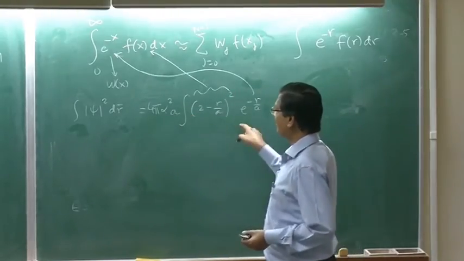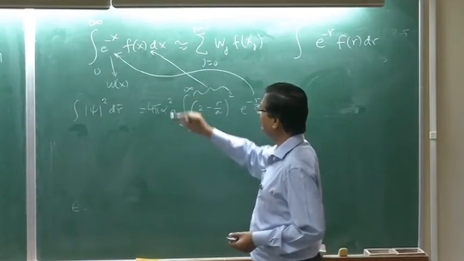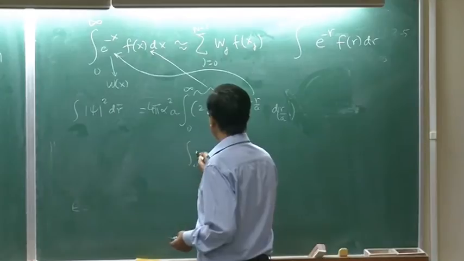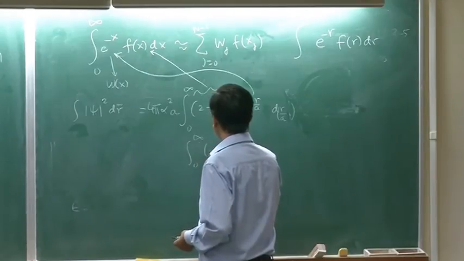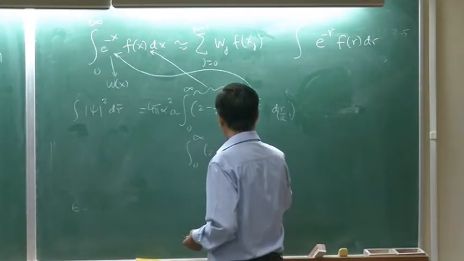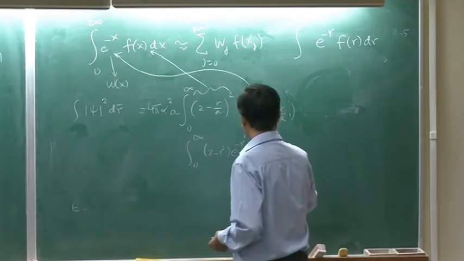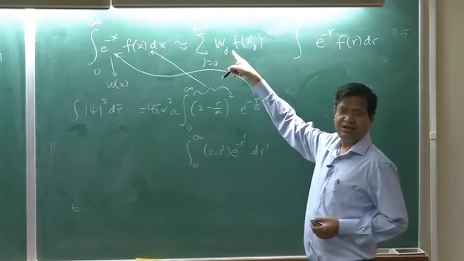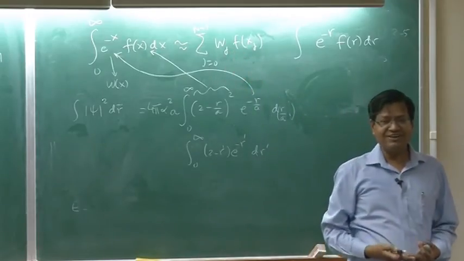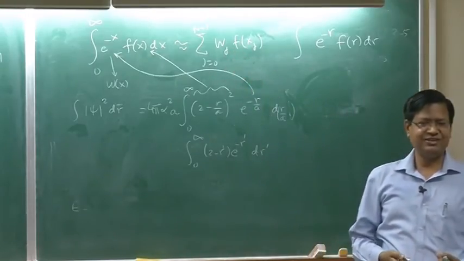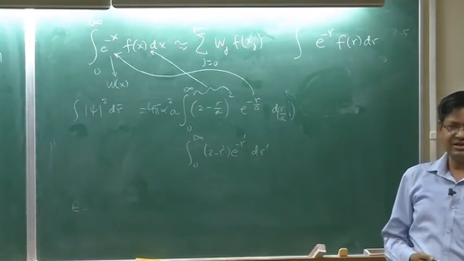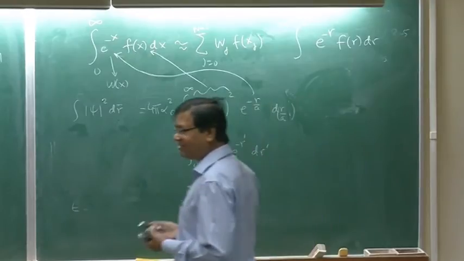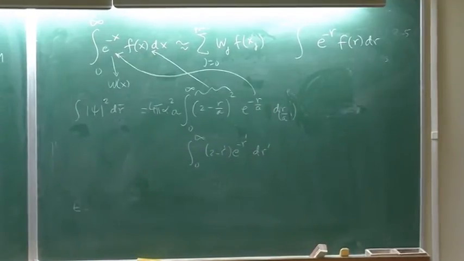Now this is a number, 0 to infinity. This has no a dependence. So I can write this as the integral from 0 to infinity of 2 minus r prime, times exponential of minus r prime, dr prime. This is more convenient if you use these formulas because you will get a number, not a length dimension, in the mathematical formulas. Exponential of 1 is a number, it is not 1 centimeter.